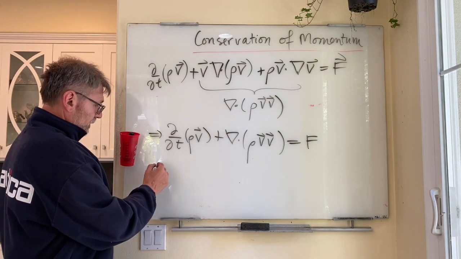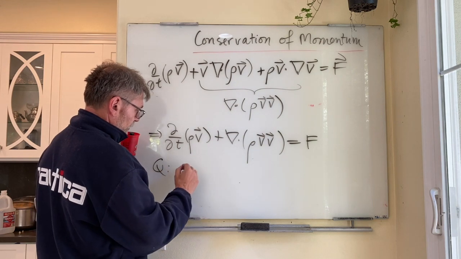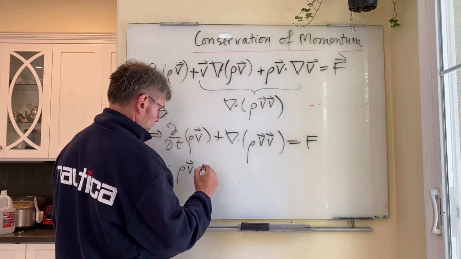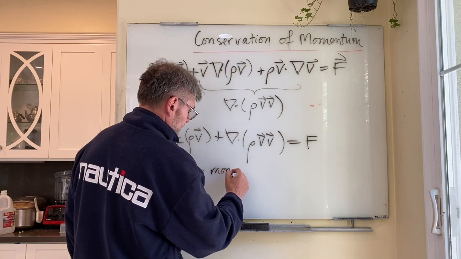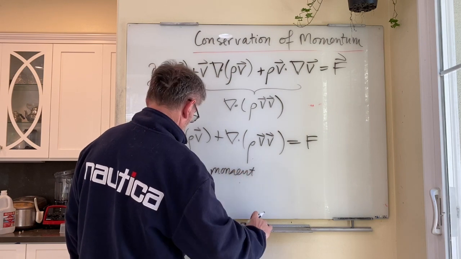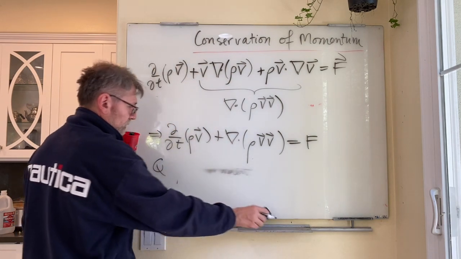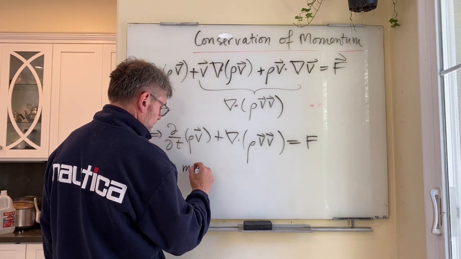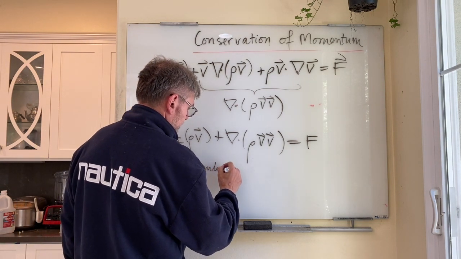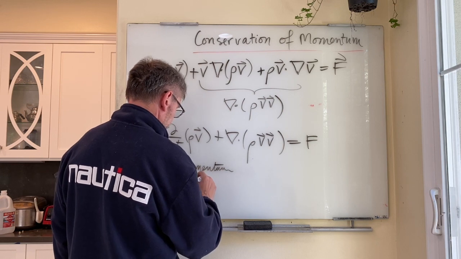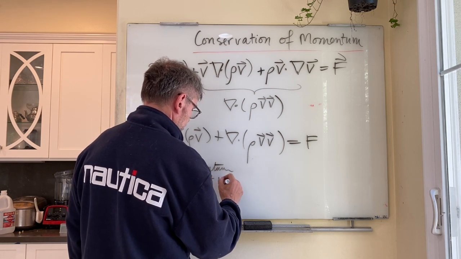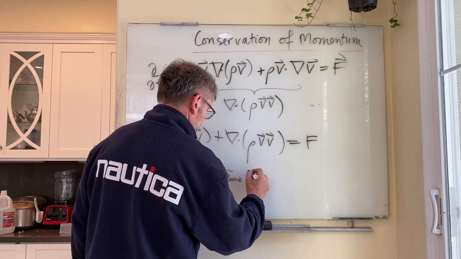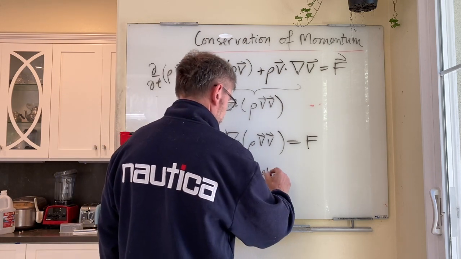So the quantity q here is rho v, which is the momentum, or q is the momentum per unit volume, and that is just equal to rho v.